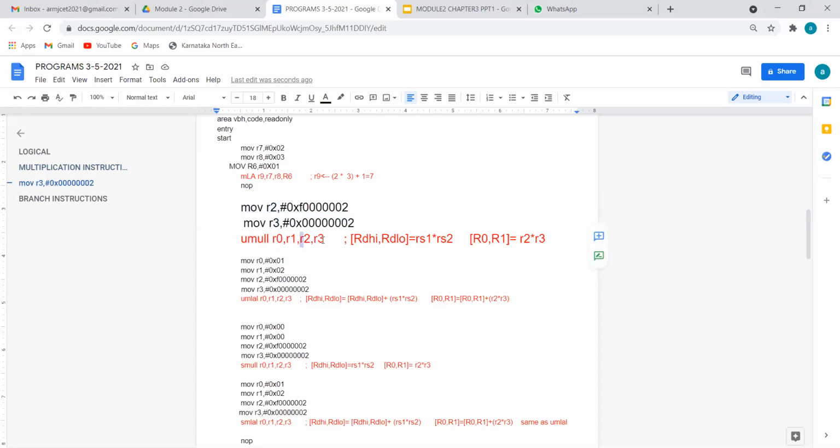Just see here R0 and R2 and R3. So what is the definite thing about the answer here? Definitely this is a 32-bit number and this is also a 32-bit number. So the answer is 64 bits.